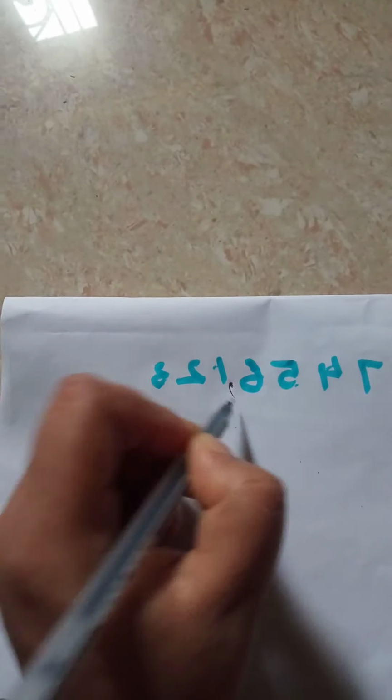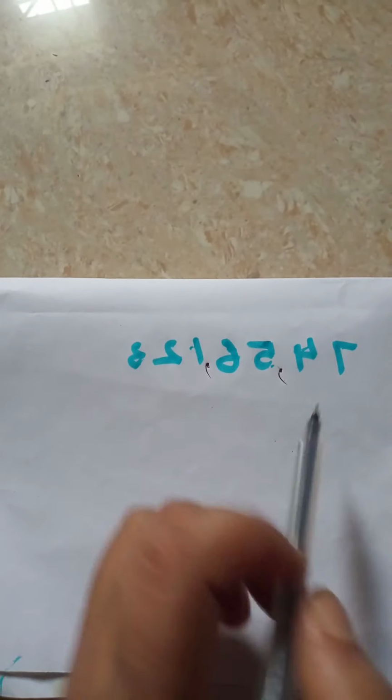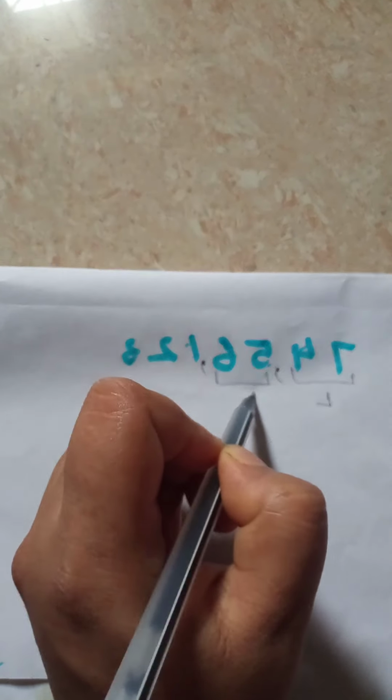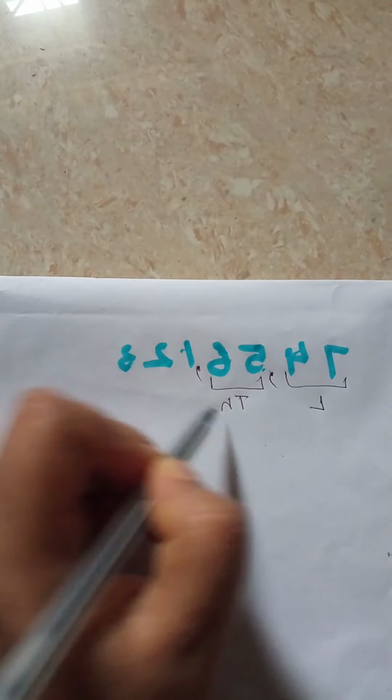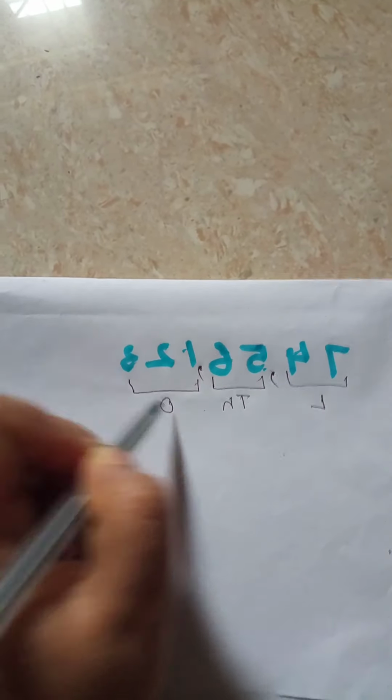So now let's separate with the help of commas, counting from the right hand side towards the left. 74 lakh, this is the lakh period, and this is 56,123, the ones period.